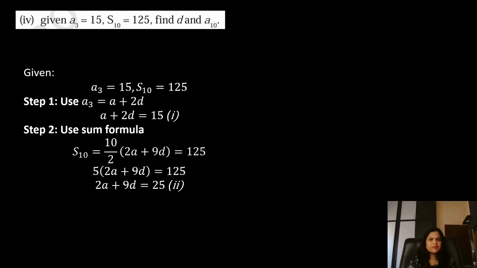For this, given is a3 equal to 15, S10 is equal to 125. Step 1, use a3 equal to a plus (3 minus 1) into d, that is a plus 2d. A plus 2d is equal to a3, which is given as 15. This is your first equation.